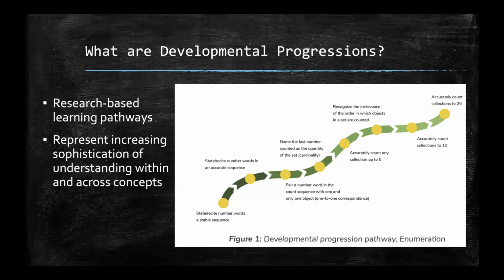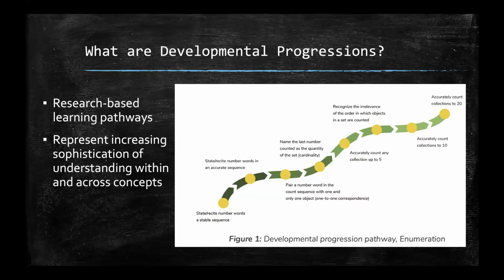Each one of these successive steps along this pathway builds on prior knowledge and then culminates in some sort of terminal skill. When we say that it builds within and across concepts, clearly this is not where we want this skill to end, so this is going to continue, but this is a natural ending point for this particular developmental progression.